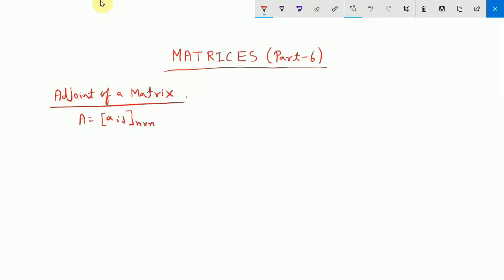Then the transpose of a matrix of cofactors of elements of A is called adjoint of A. Then what is adjoint of A?